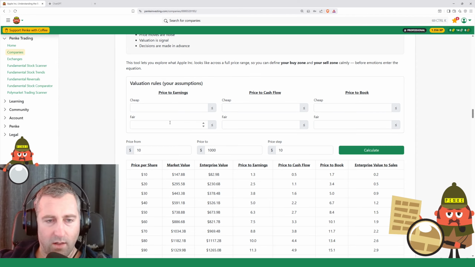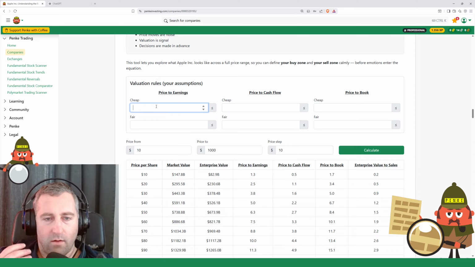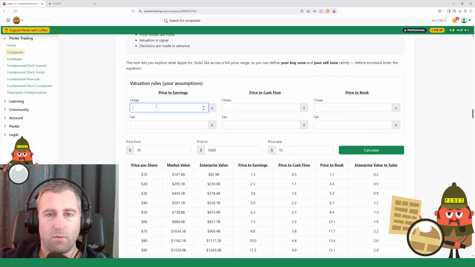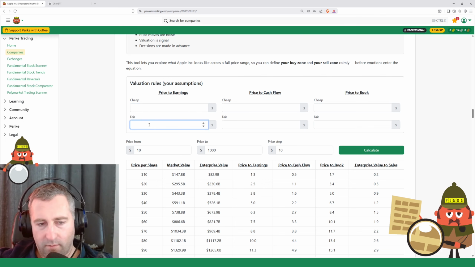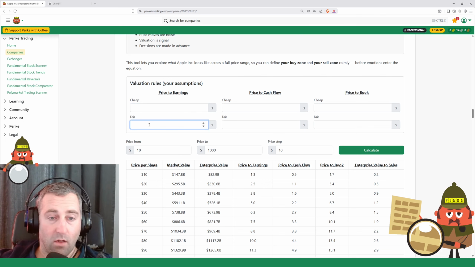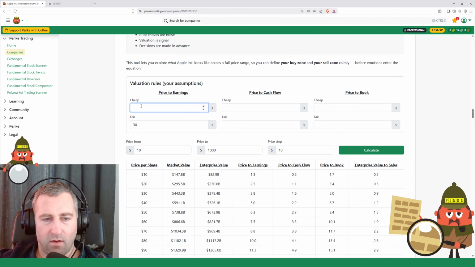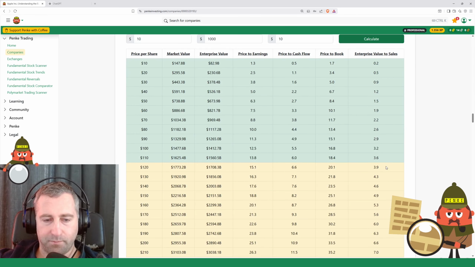So what I can do now, well, you probably have a price to earnings ratio in your mind. Hey, below that is becoming cheap, and below that is becoming fair value. So, for example, I will put a price to earnings ratio when it becomes cheap, well, maybe a fair price of 30, cheap 15, and then you can calculate again, and you see what happens.